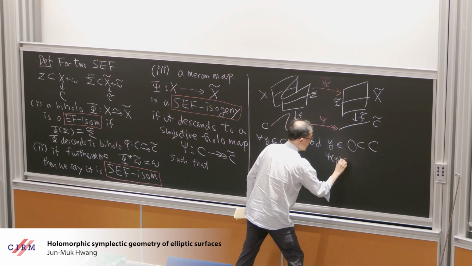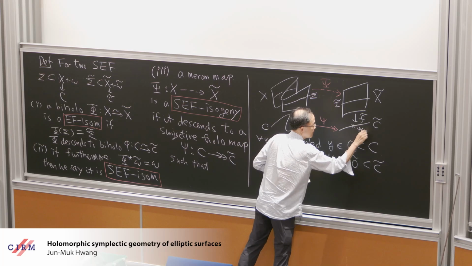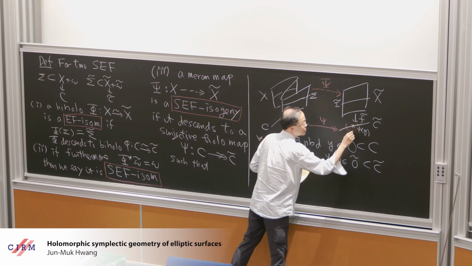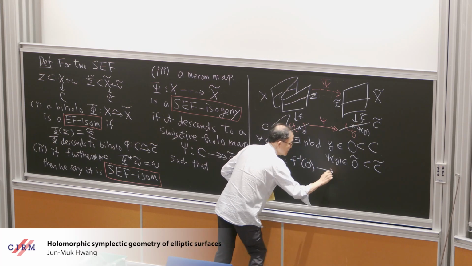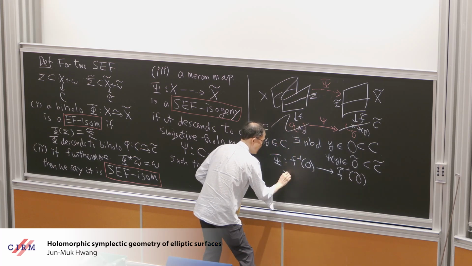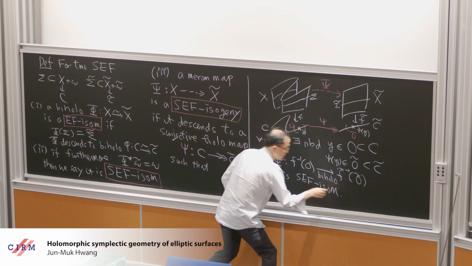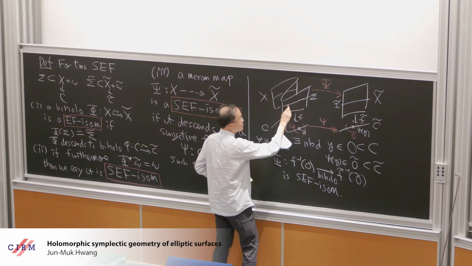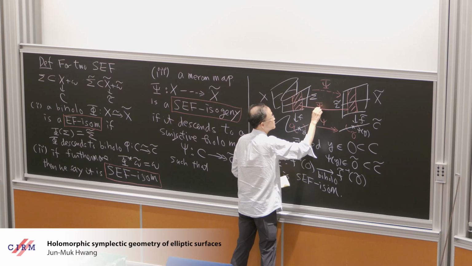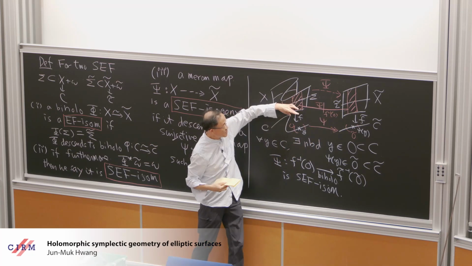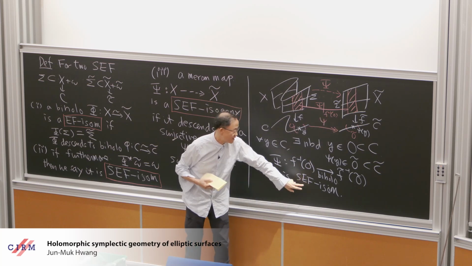There are neighborhoods O and O tilde such that psi restricted to the inverse image is a biholomorphism, and this is an SEF isomorphism. So at a general point, if you restrict to some neighborhood, then over it they are just biholomorphic, and it is an SEF isomorphism.